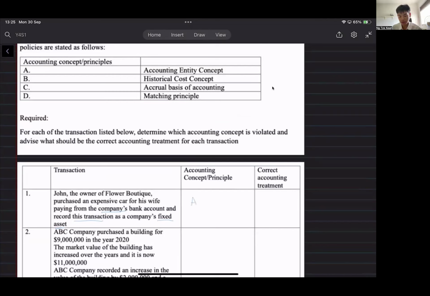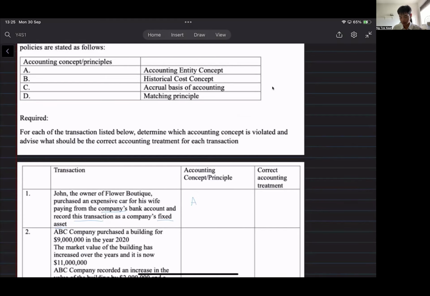The accounting entity concept tells us that the company is a separate entity itself, a separate entity from the owner, assuming that it's not a sole proprietorship. I'm going to make that assumption, and that is why John's personal purchases should not be included in the company's transactions or in the company's balance sheet.